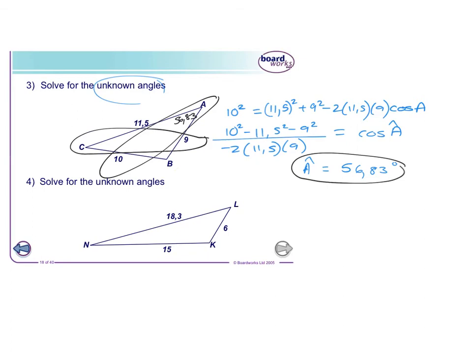And now we can work out angle C. So sine of angle C over its opposite side, and then we put the angle on the top, sine of 56,83 all over 10. Again, if you choose to use the rounded 56,83, you'll get error marks. Right, get that 9 across.